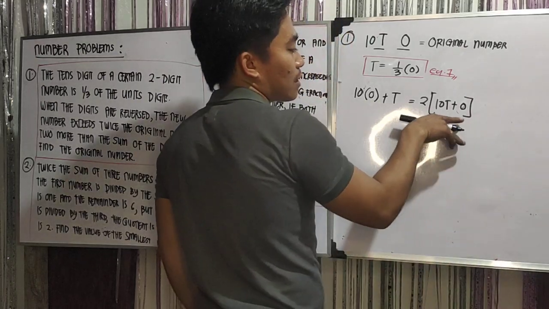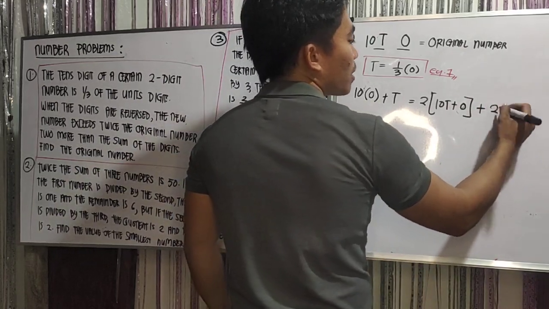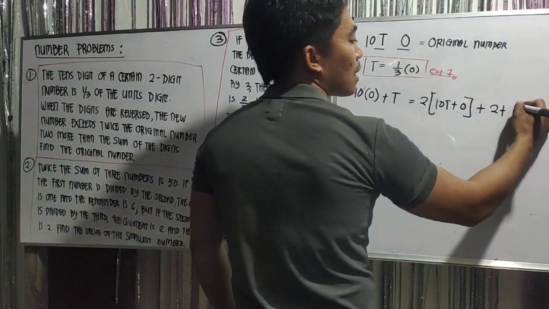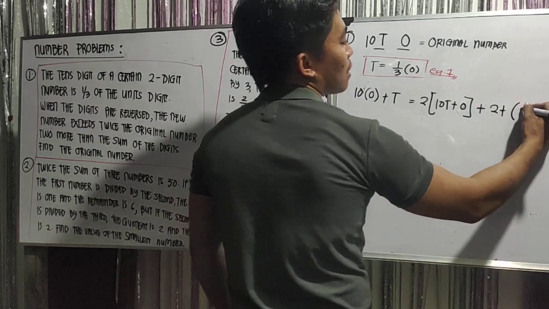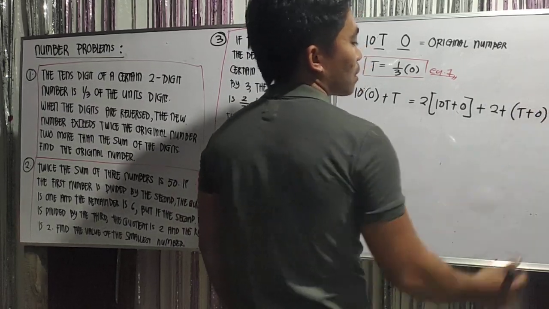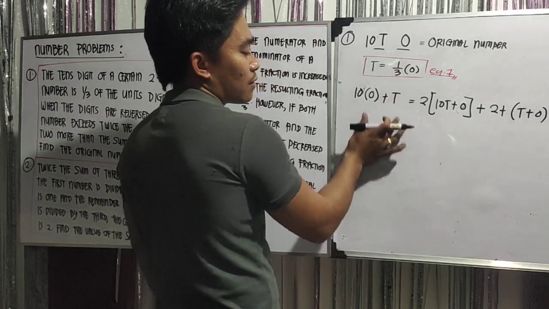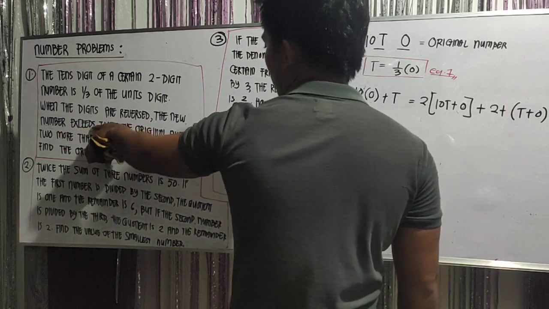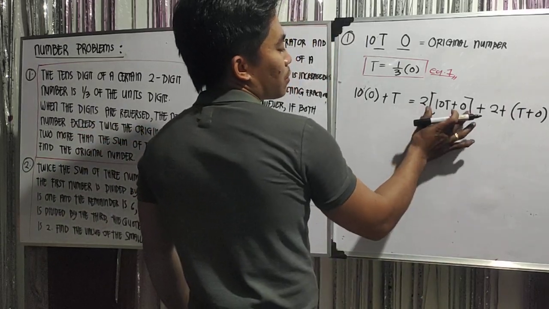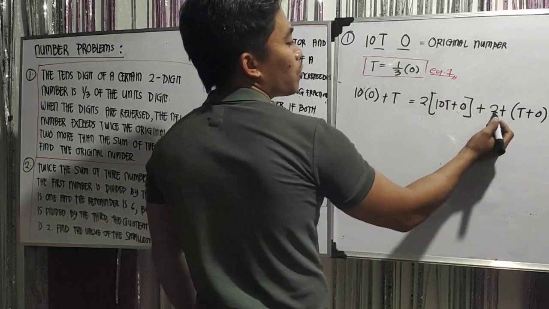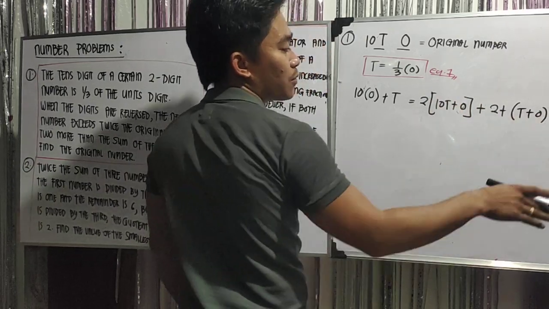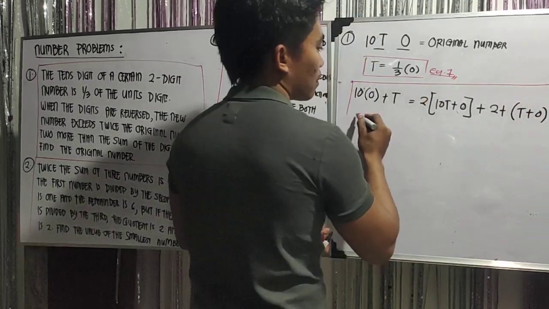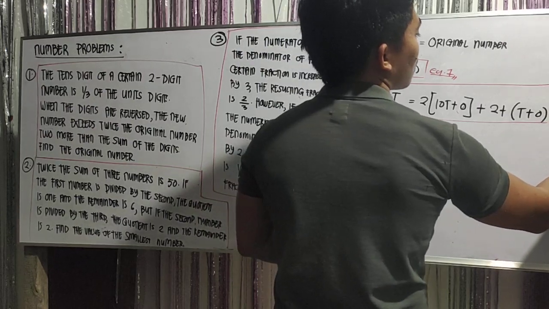Two more than means you add the sum of the digits, so plus T plus O. So when the digits are reversed, the new number exceeds 2 times the original number by 2 more than the sum of the digits. That will be your second equation. This is now my equation 2.